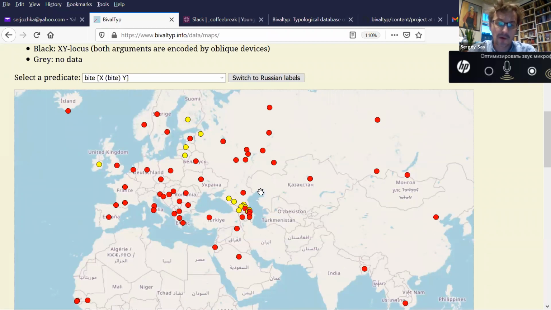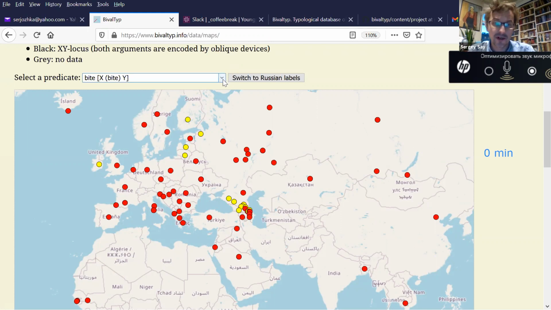And we see that although in Western Europe and in Russia, let's say, most languages express this idea by a transitive pattern, in the Caucasus and also in the Circumbaltic area, this meaning is typically expressed by verbs where the second argument is in a non-core position.